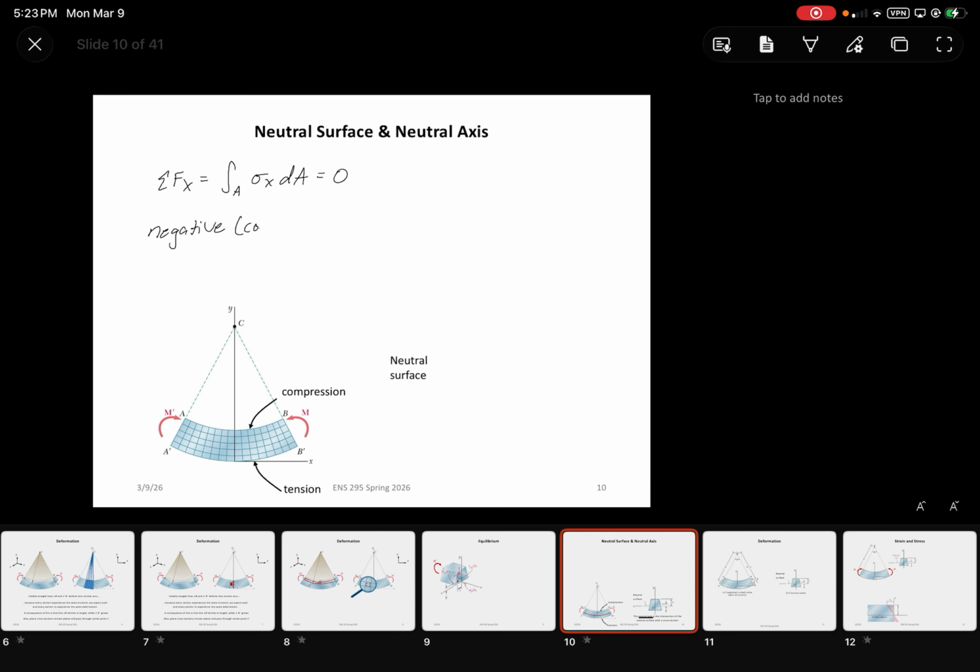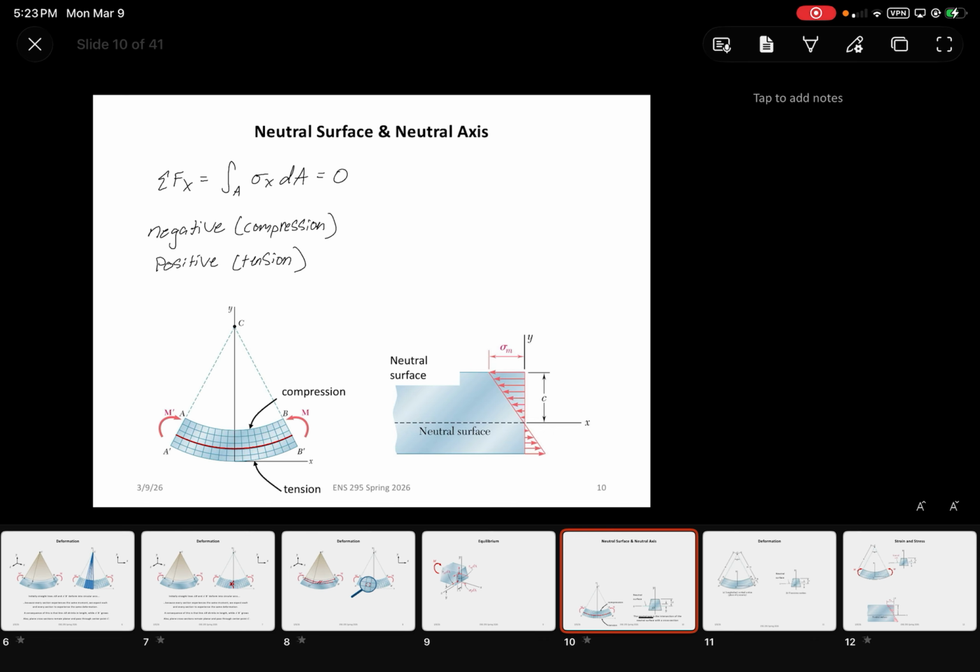Negative compression and positive tension. Both of these have to exist over a portion of the cross-section. So that's where we get this stress distribution right here. You will notice it's linear, and the stress is compressive up on the top and tensile along the bottom. So it's a linear stress distribution that we are considering.